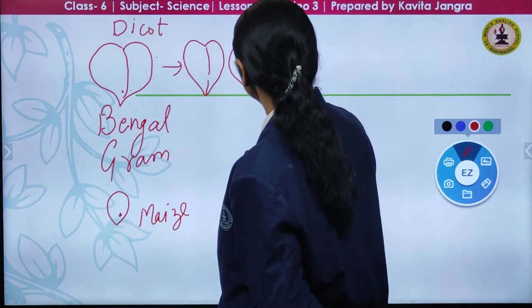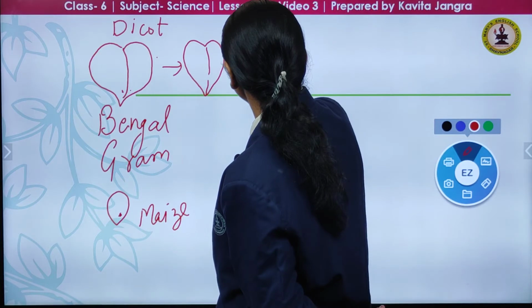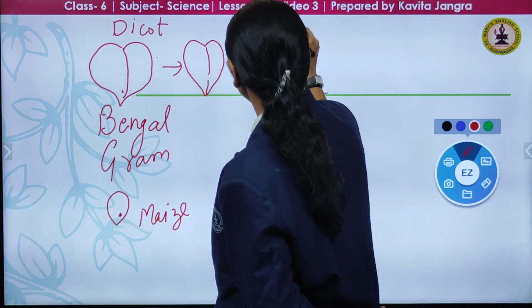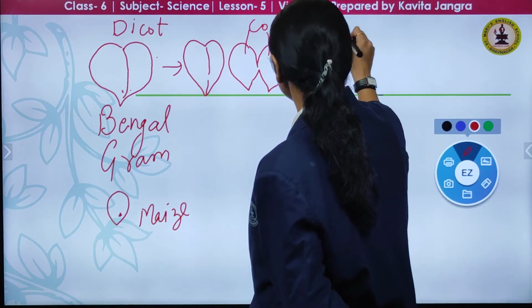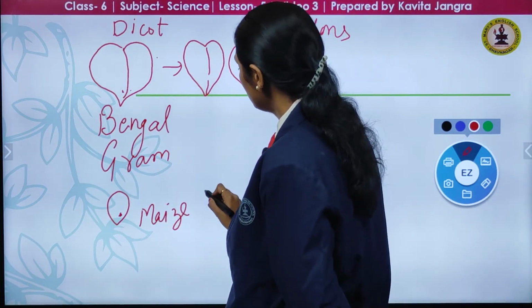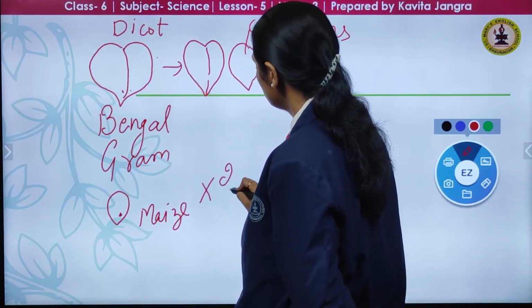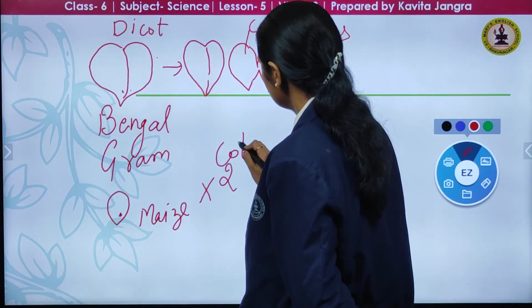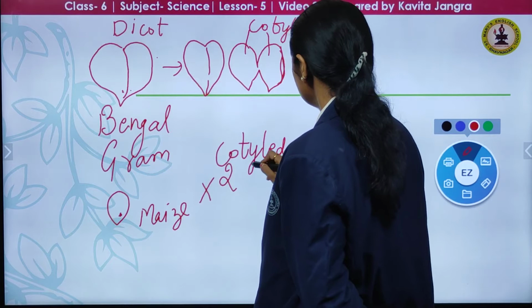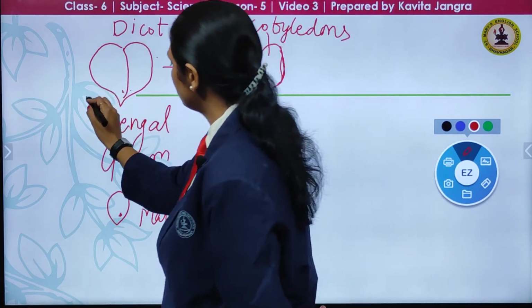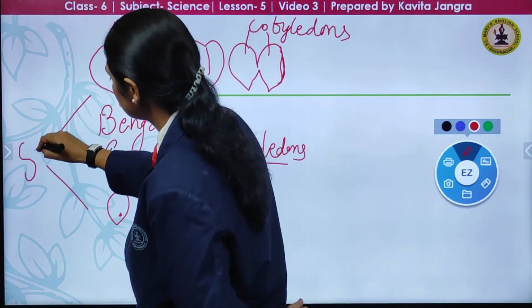When you open it, these two parts are there, the cotyledons. Cotyledons means seed leaves. But here it cannot be separated into two cotyledons. This is the seed I am telling you about.